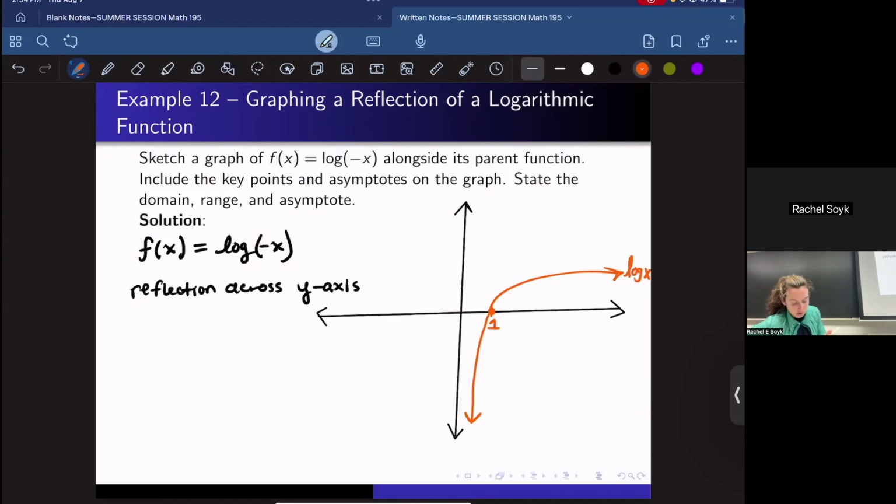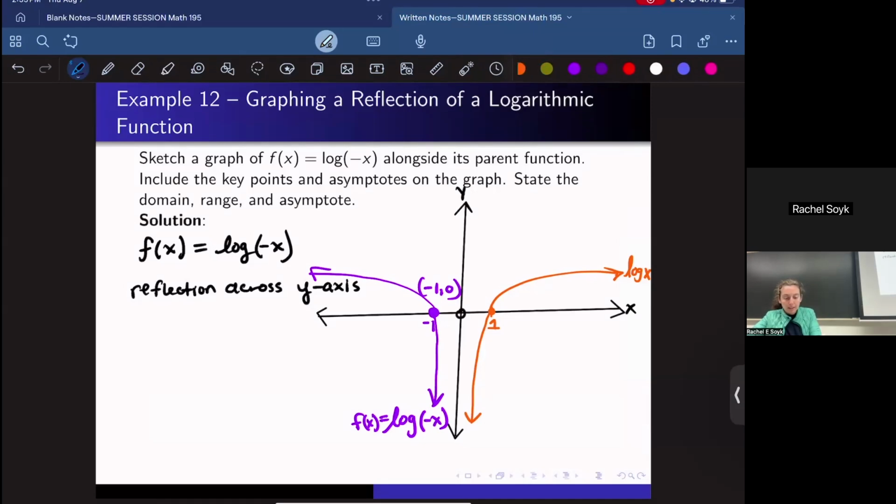And then our log of negative x is here. And so key point is that -1, 0 when it's reflected over our y-axis.